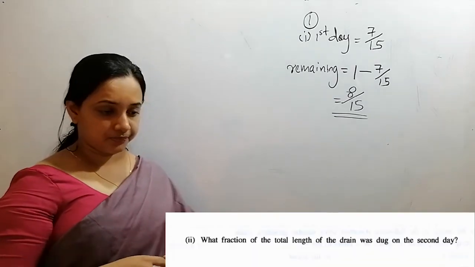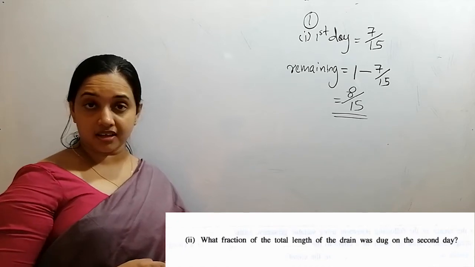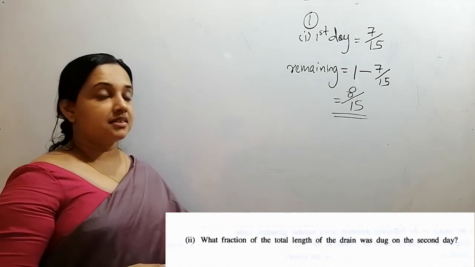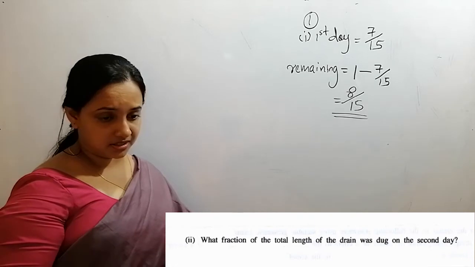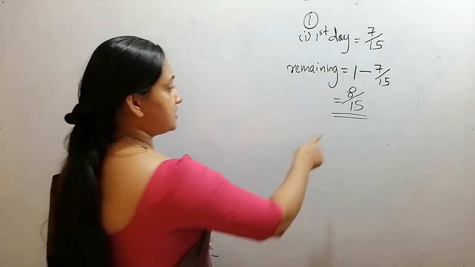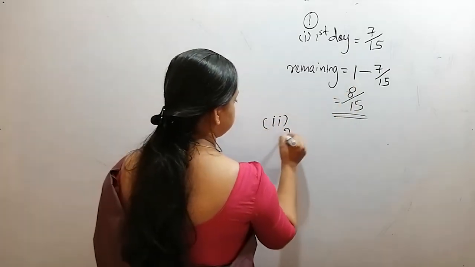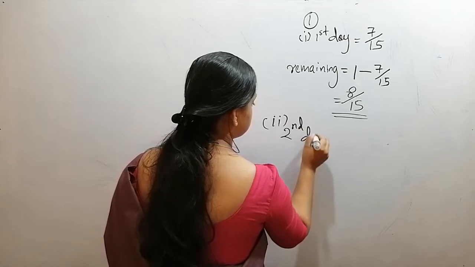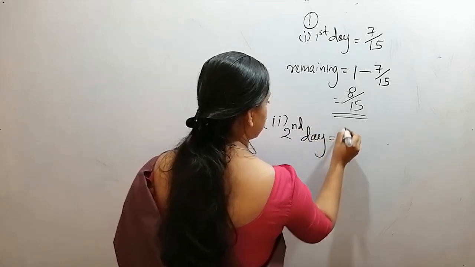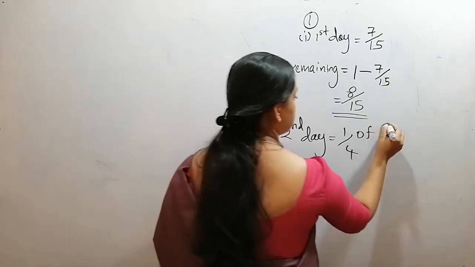Then part 2. What fraction of the total length of the train was painted on the second day? On the second day, 1/4 of the remaining part was painted. After the first day, this is the remaining part. Within the second day, 1/4 of the remaining was painted.